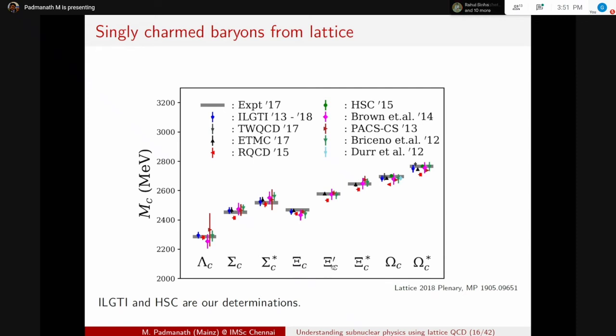Cascade C and Cascade C prime are slightly different: they both are spin half, and they both are isospin half. Omega C is where there are no light quarks in it. The horizontal gray bands are basically the experimental numbers, and all of the others are lattice estimates.